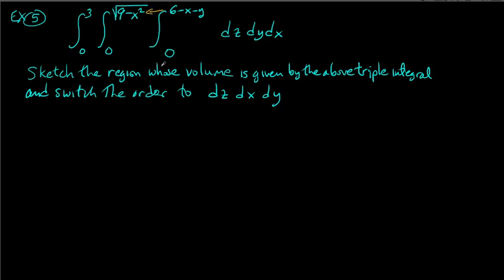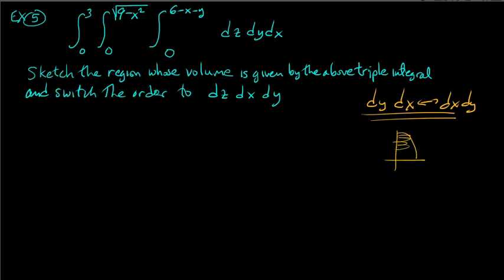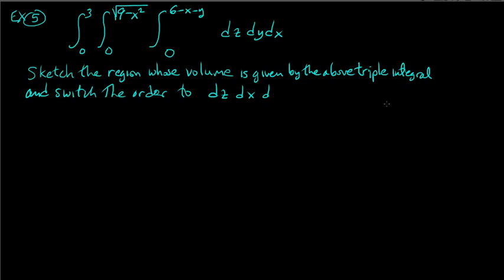We saw that when we did the double integrals, all we did was change dy dx to dx dy, right? And remember, that was not trivial. That was complicated. And to do that, we did graph the region in the xy plane, and that's not hard to do. But now we're graphing regions in space. So that becomes a little bit trickier here.